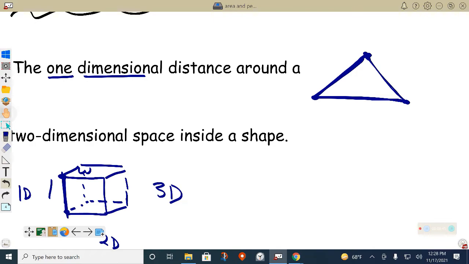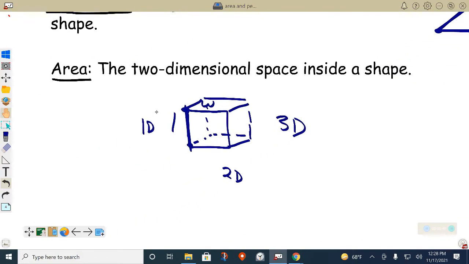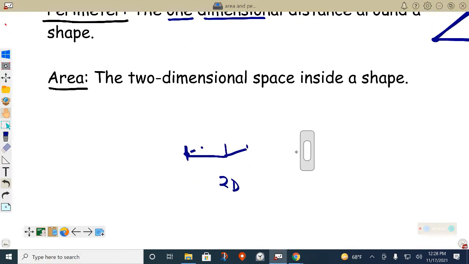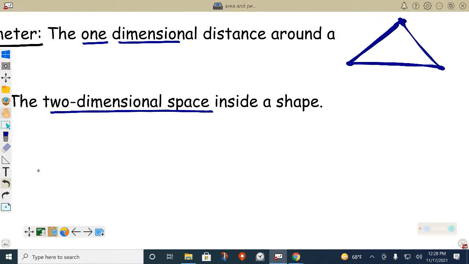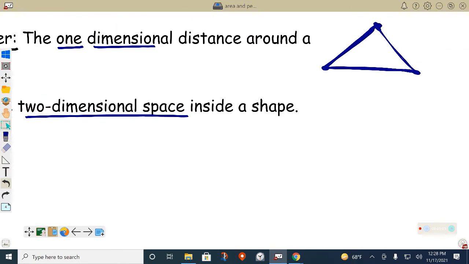Versus, look at the area definition now. The area is the two-dimensional space inside a shape. So let me get that triangle I just drew. Right now you're just paying attention. You don't have to draw all this stuff. Let me rewrite it over here.